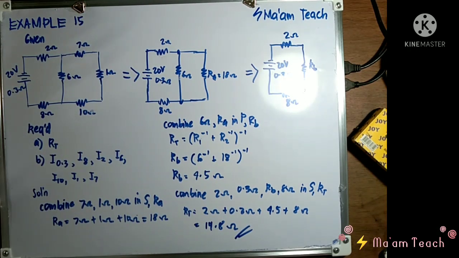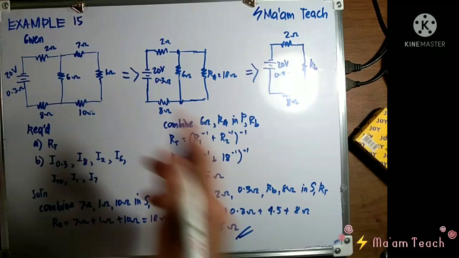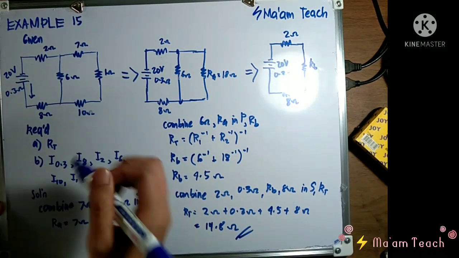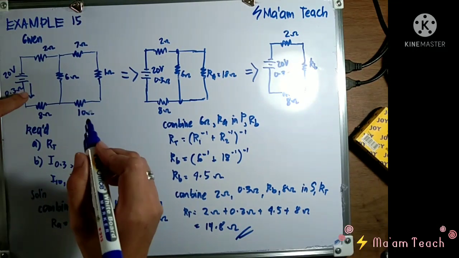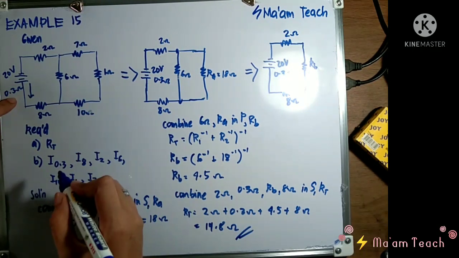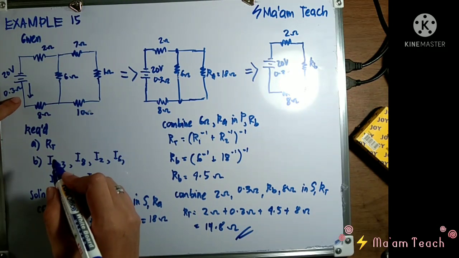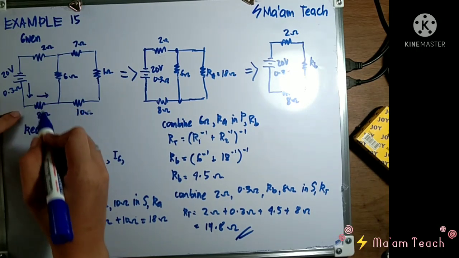If you could recall, the conventional direction of the current is from positive to negative, which means the direction is like that. So this current here will be our I sub 0.3, or the current flowing in the 0.3 ohms. In the 8 ohms, this will be the current.